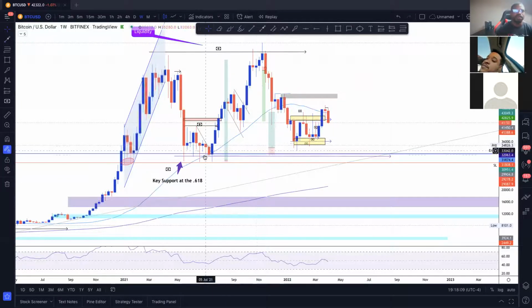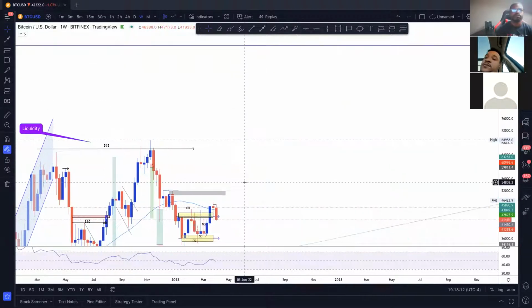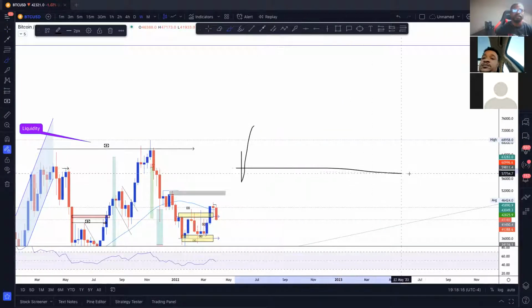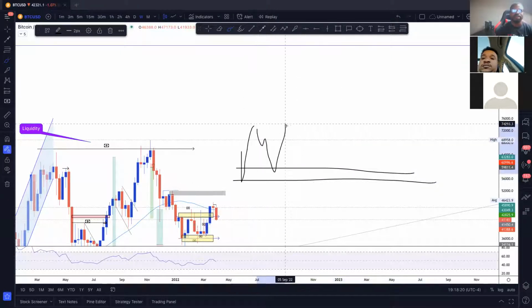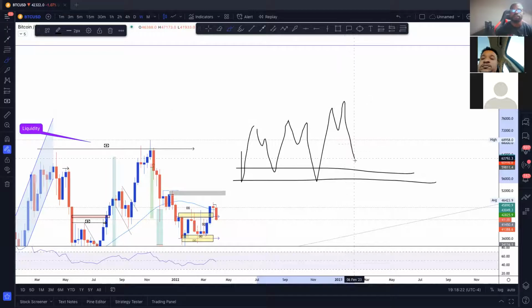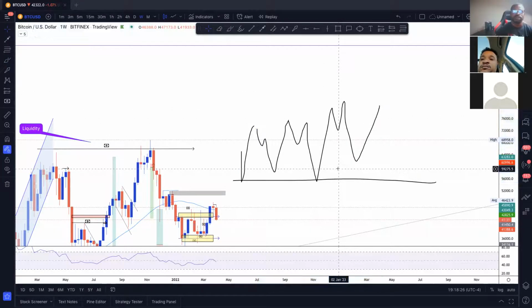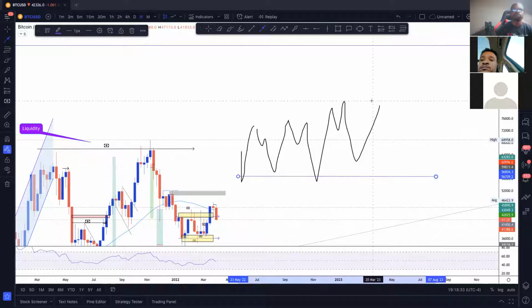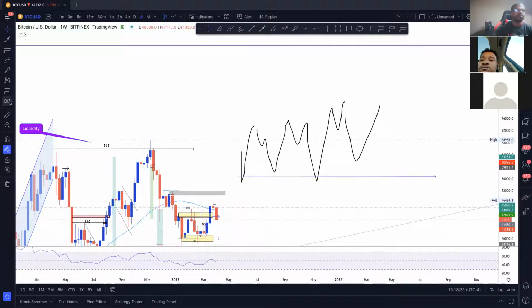Anytime we have a zone and price plays it multiple times, you then want to remove this zone. And we're going to use our arrows to draw underneath that zone to give us a visual representation that we have liquidity, which is pretty much stop losses underneath this area.